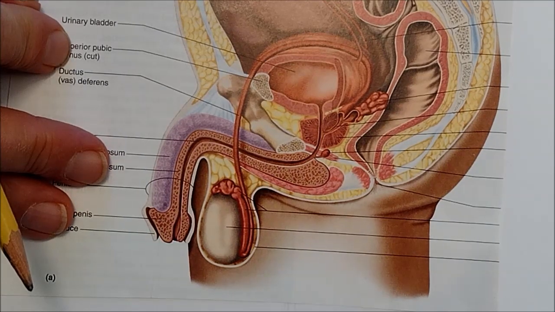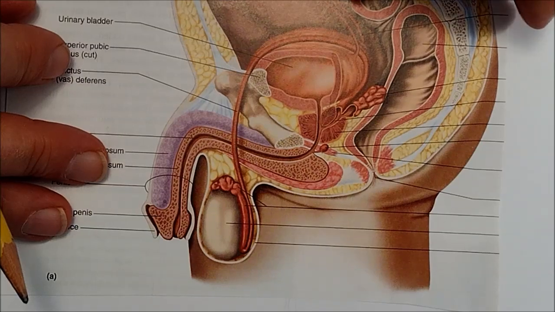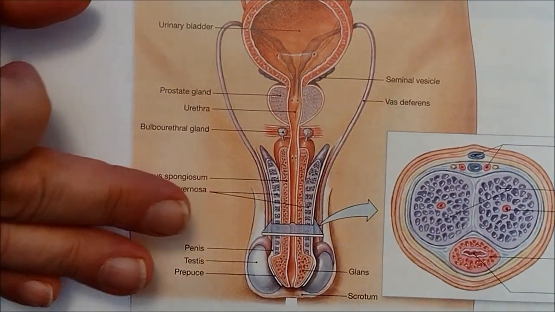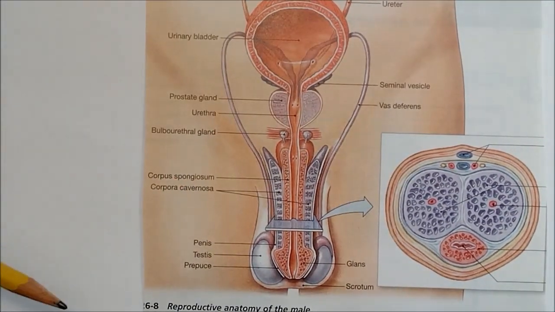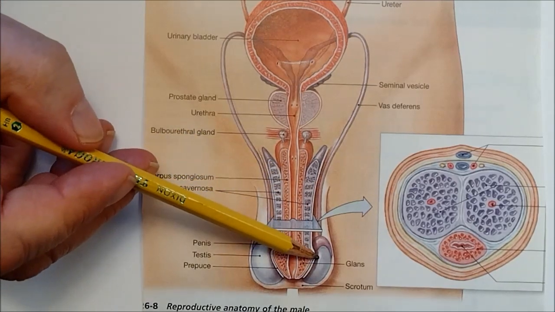A little bit about vasectomy, and for that, I want to go to a different picture. We're going to look at this picture. We looked at it before. Now, vasectomy, as you might guess, has to do with the vas deferens. The vas deferens is the sperm tube.